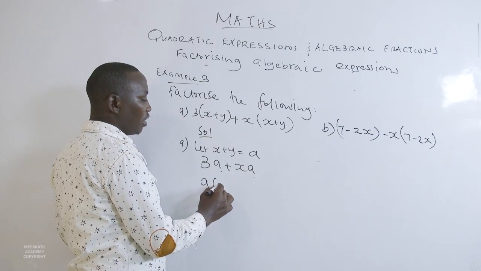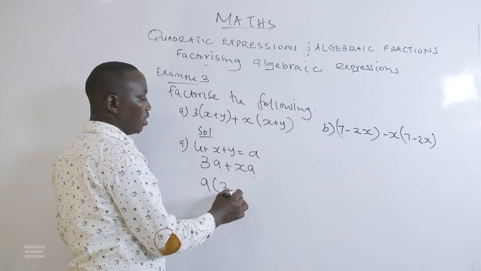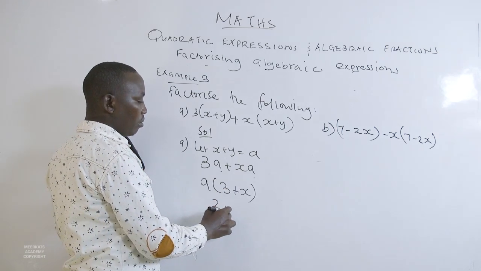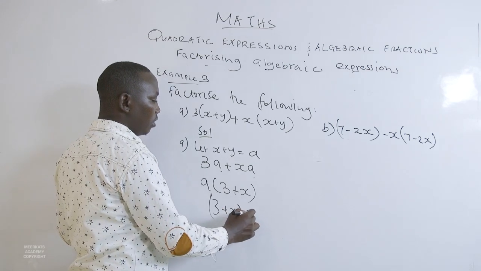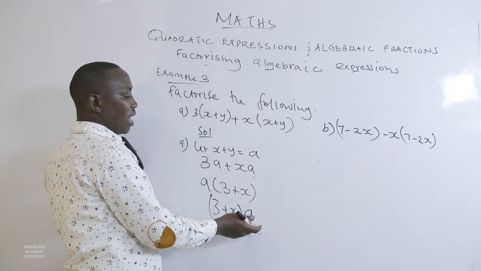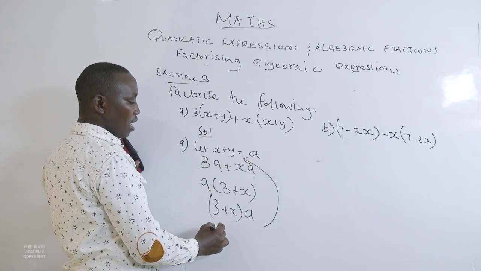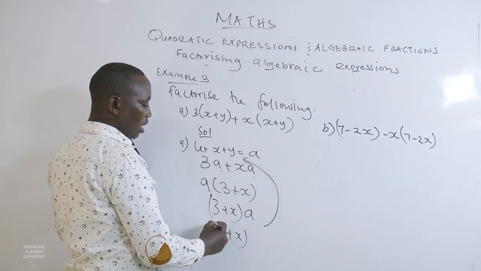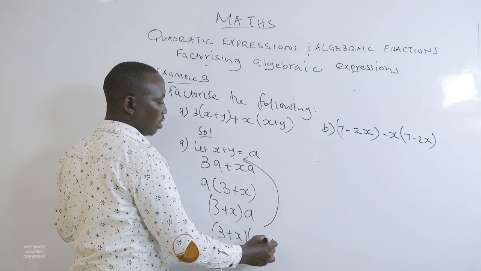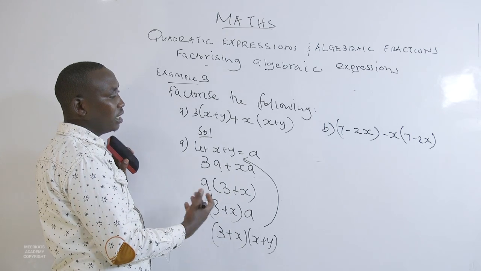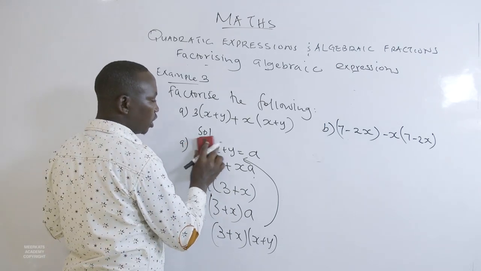Hence we are going to have a into 3 plus x, or 3 plus x into a. Then when you finally replace the value of a, because our a is x plus y, you'll get 3 plus x into x plus y. So still, that is how it can be approached.